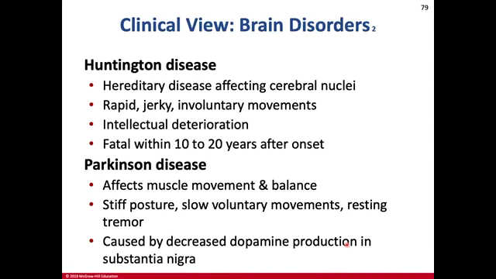It does not impair their intellect. Okay, and again, we don't know why these neurons die. They just do. Okay, we have had some success with repopulating those neurons in animal models of Parkinson's disease, and we've done some work in humans. Okay, and have seen some recovery in cases.